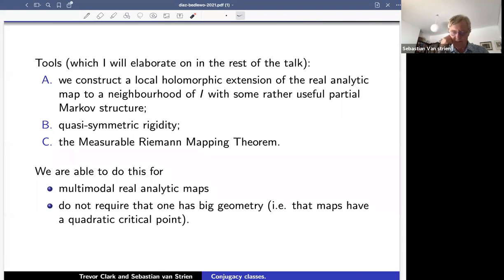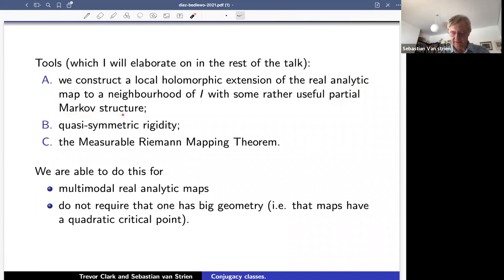Well, the tools, which I will try to elaborate on in the rest of the talk, come from three different parts. And the first one is, to my mind, quite an interesting one, because what we show is that if you take a real analytic map, you have some kind of Markov structure, but it's a partial Markov structure.